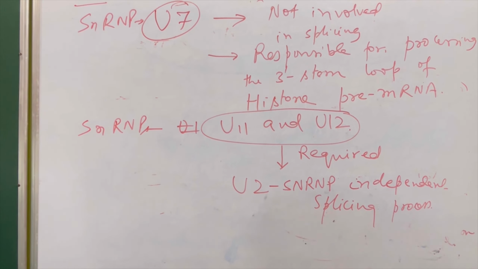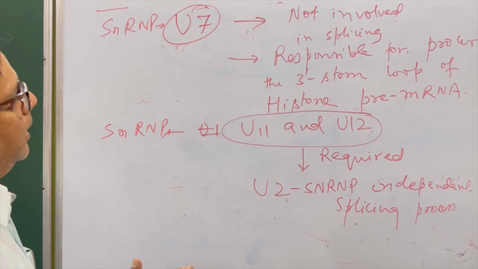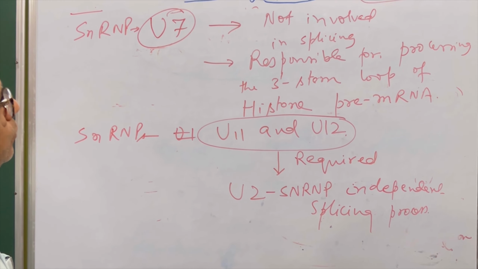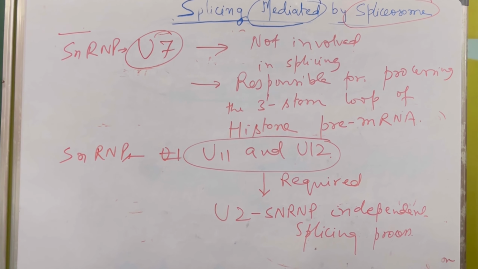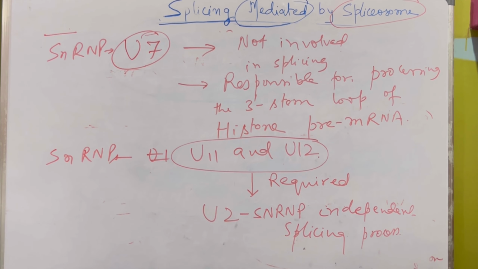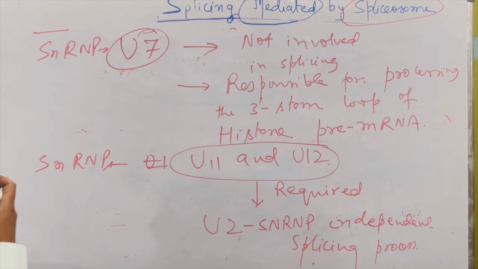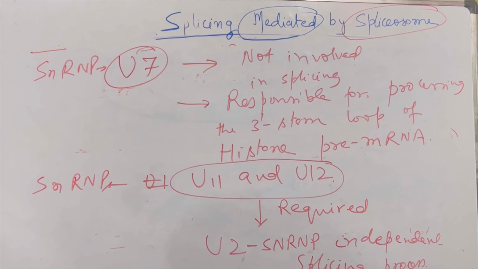So you can see you have U1, U2, U4, U5, U6, the core snRNAs responsible for formation of a spliceosome, which combine with protein to form snRNPs. Then U3, U8 and U13 are present in the nucleolus and do not take part in formation of a spliceosome.